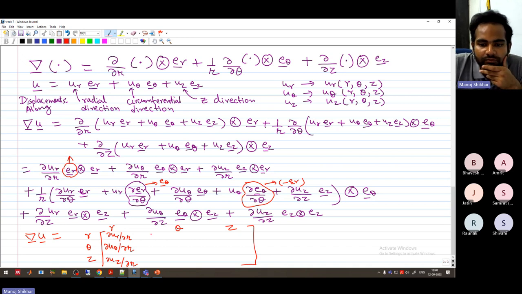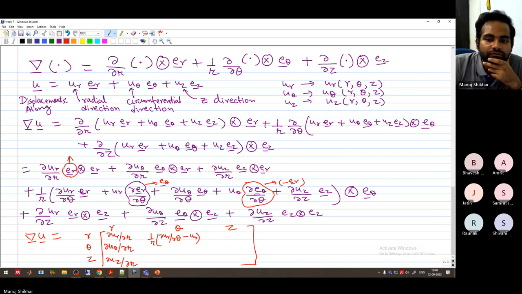So here it should be 1 by R del UR by del theta minus U theta, sorry, minus U theta, not UR. This is ER. Here we have minus here. So this is how it should be filled.